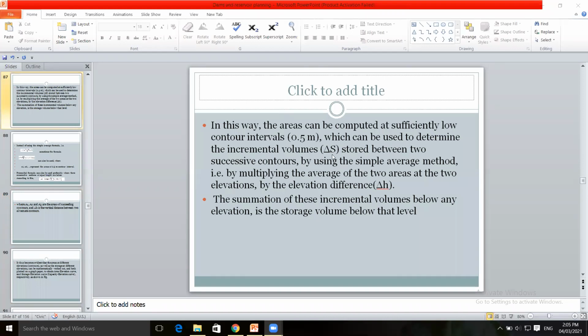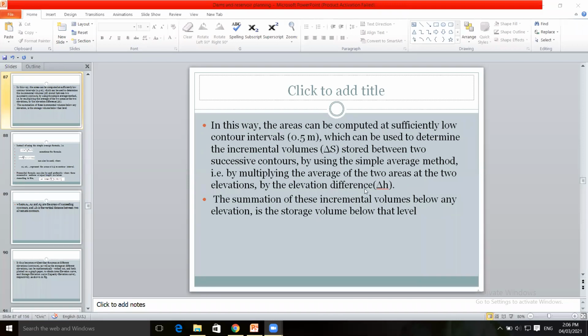The incremental volumes are calculated between two successive contours by using the simple average method. By multiplying the average of the two areas at the two elevations by the elevation difference, that gives the incremental volume at that contour area.